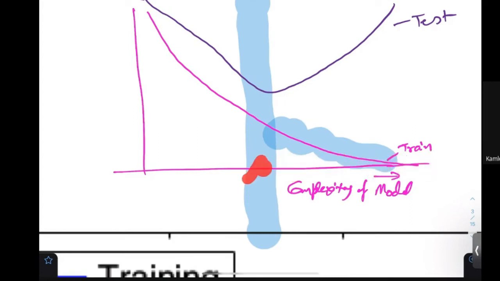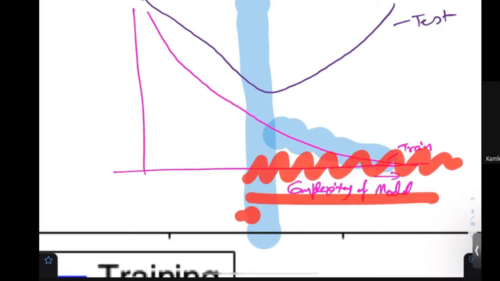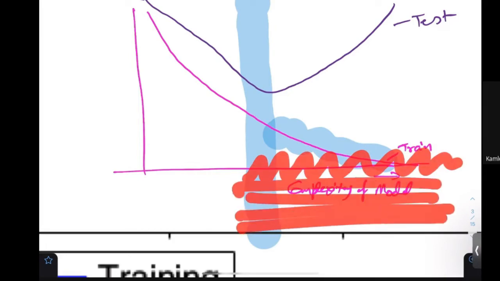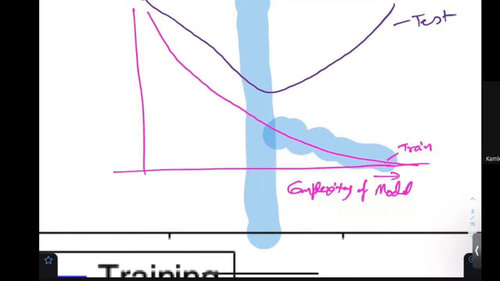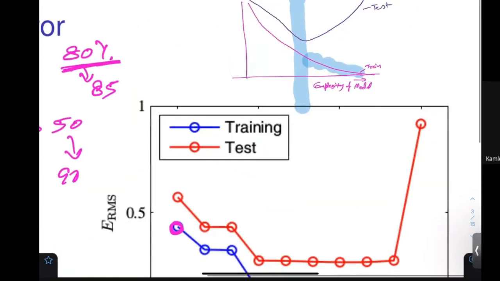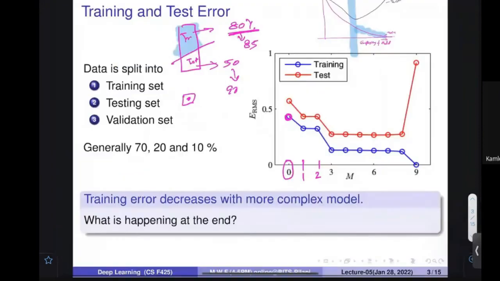Otherwise it actually loses the capacity to generalize. So we should not use any model that has power more than this. We should only use the model which has power till this particular value. Make sense?